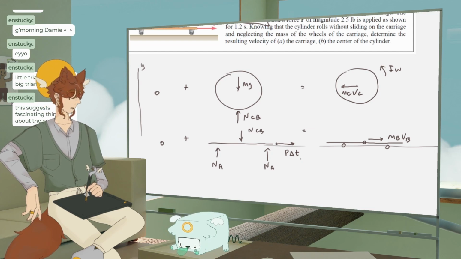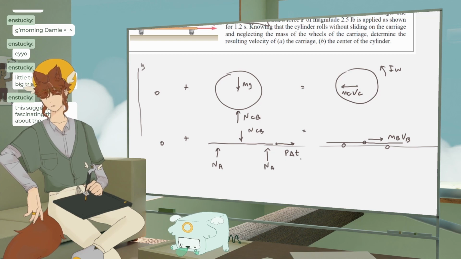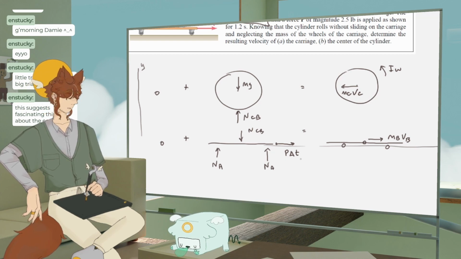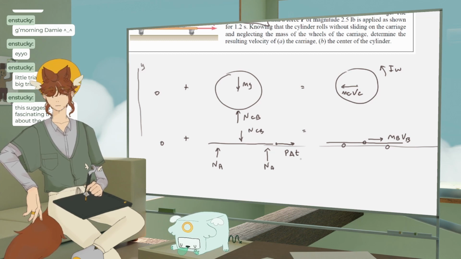We're going to treat it as a big bar, of course, because pretty much everything in this course is a bar or a line or a circle. We're trying to find the velocity of the carriage and the center of the cylinder, trying to find VC and VB. We got a lot of unknowns.